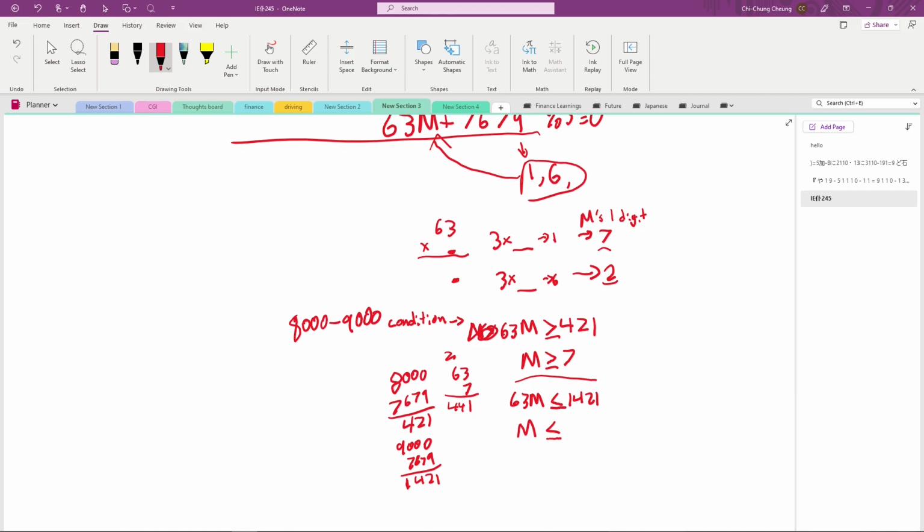How do I do this? 20? 30? 20-ish. Let's see.